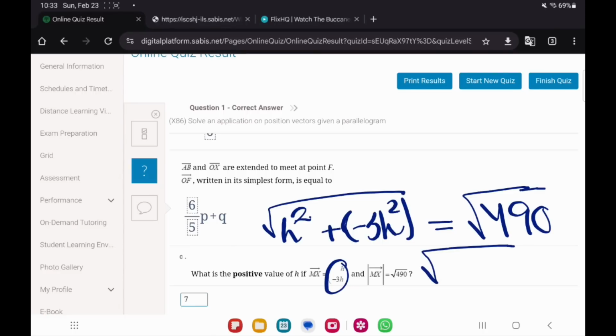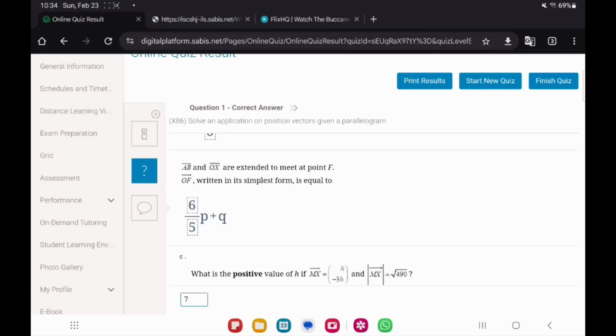So here we're gonna get h squared plus 9h squared. Okay, so we can add both of them, so we're gonna get radical 10h squared. Okay, so now let's simplify again.